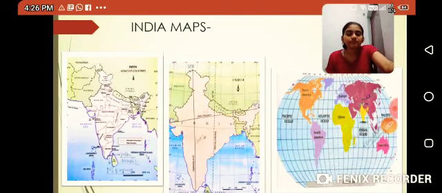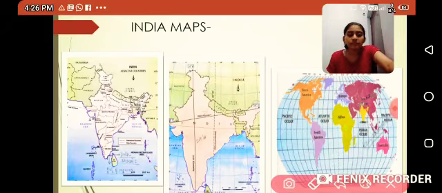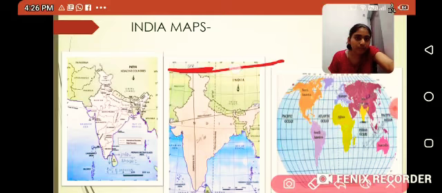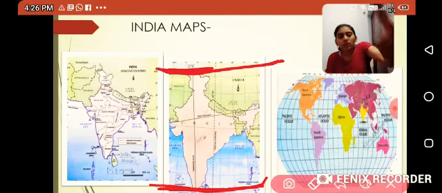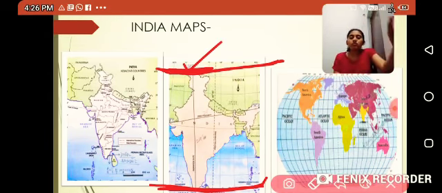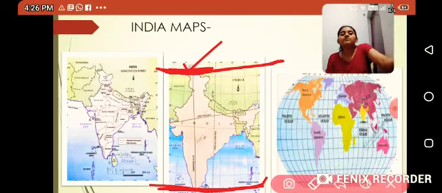Now, when I'm talking about India's latitudinal extent, I mean the latitude which is passing through the northmost tip of India, and the latitude which is passing through the southmost tip of India. At the north tip we have Kashmir, and at the south tip of India we have Kanyakumari.